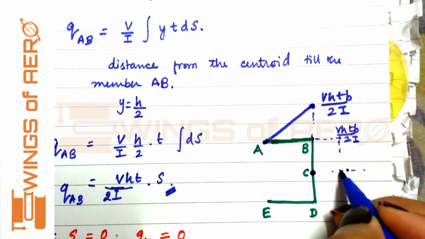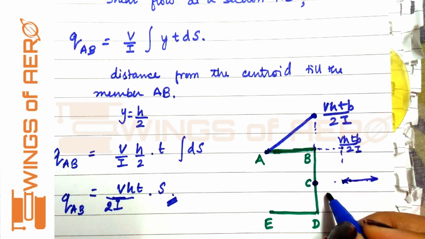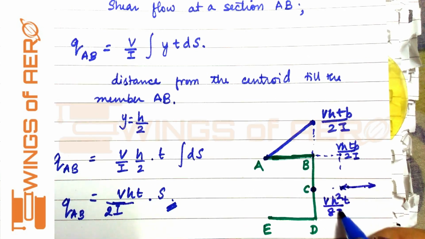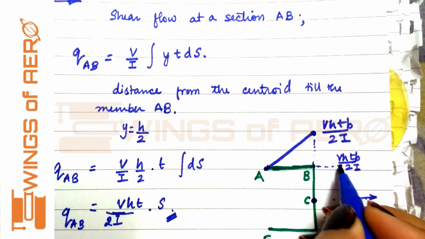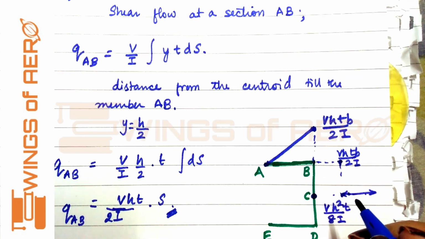That means till here we have this magnitude, and from here the magnitude is V h squared t / 8I, and the equation has the term s minus s squared by 2.